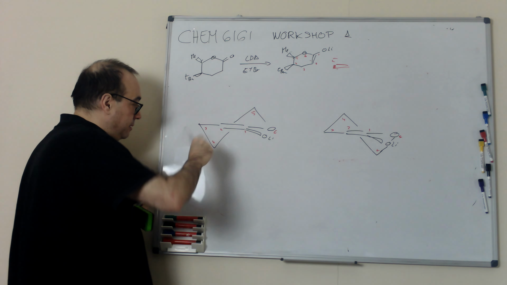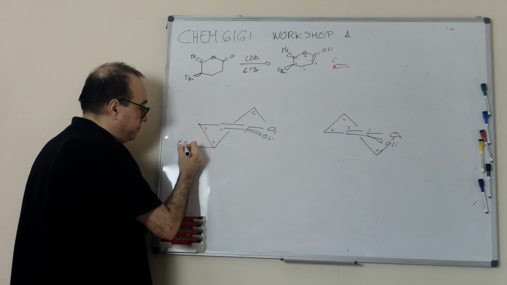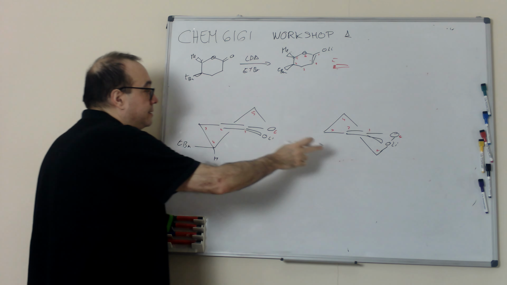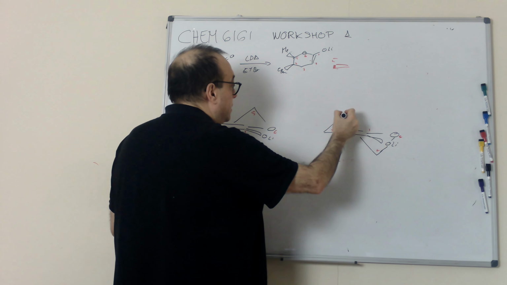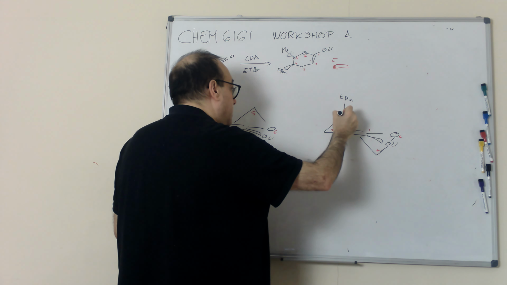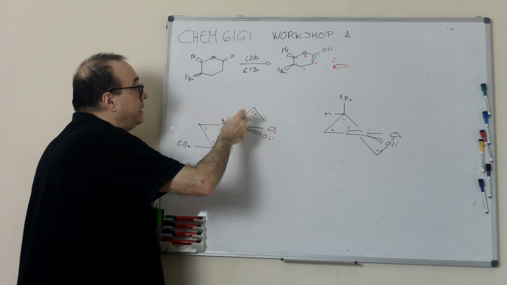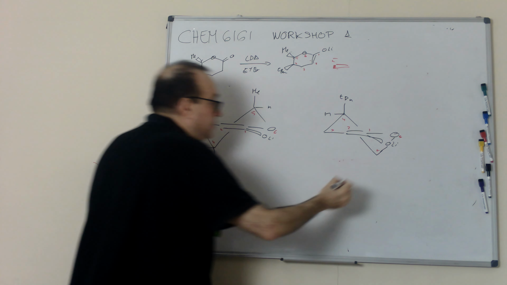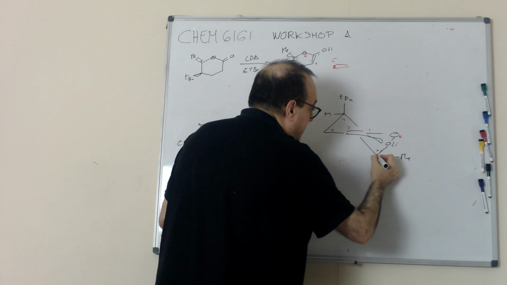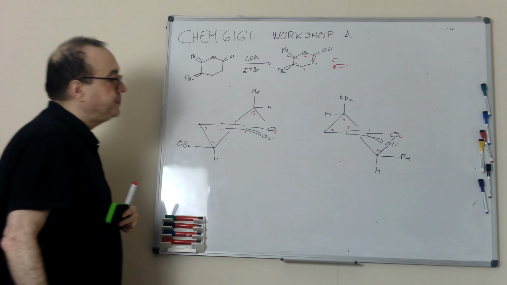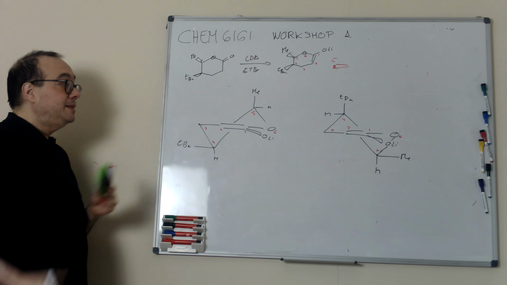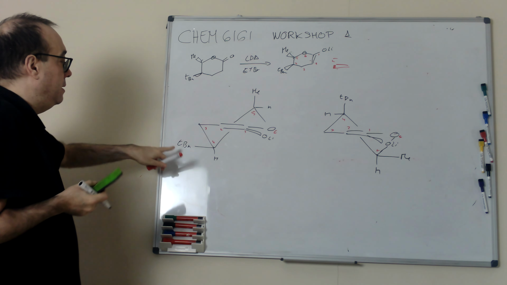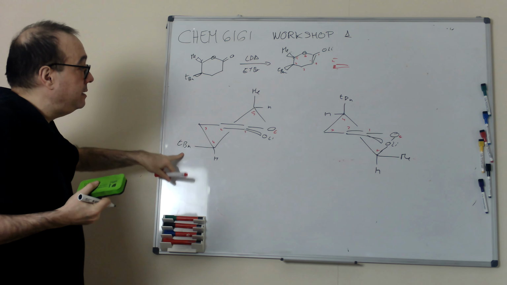That means that here will be the tert-butyl, hydrogen here, and in the 4, if the tert-butyl is up, hydrogen here. In the 5, we have the methyl up, hydrogen, methyl, hydrogen.